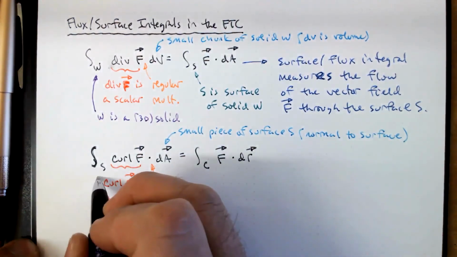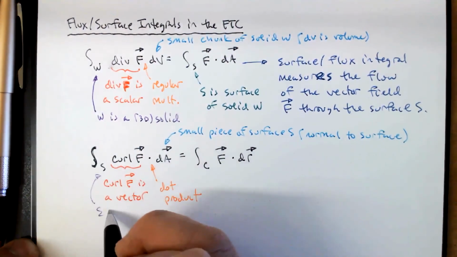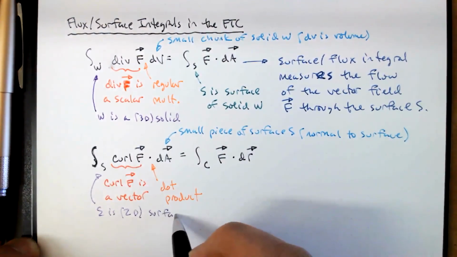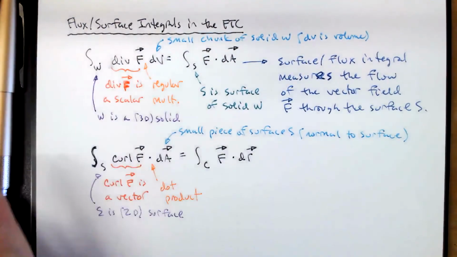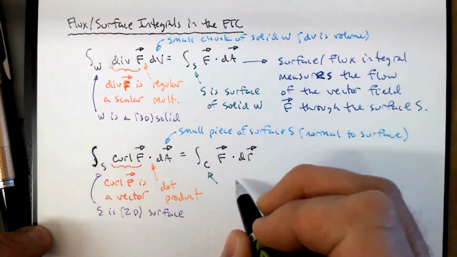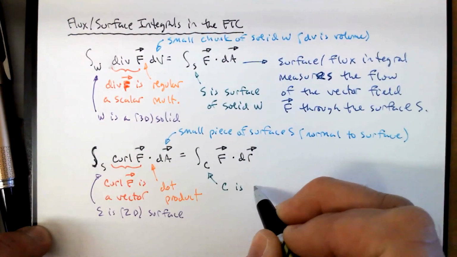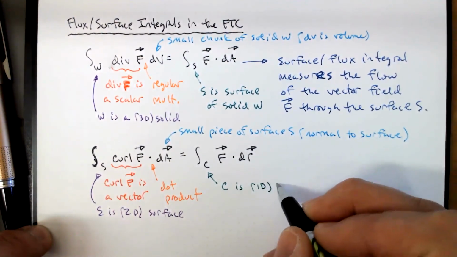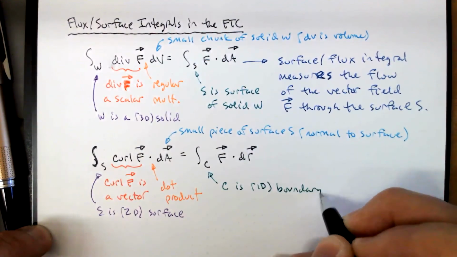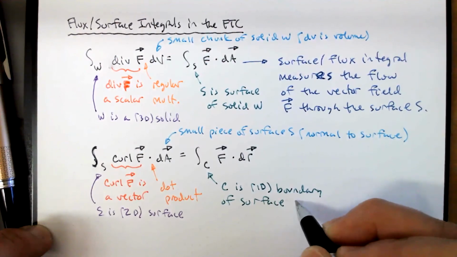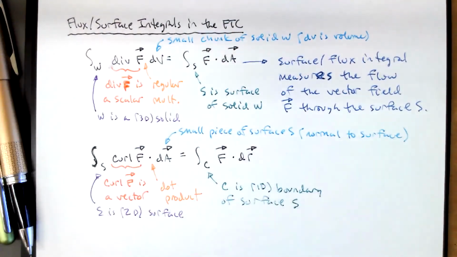S is a two-dimensional surface. And C is a one-dimensional boundary. That's the one-dimensional boundary of the surface S.